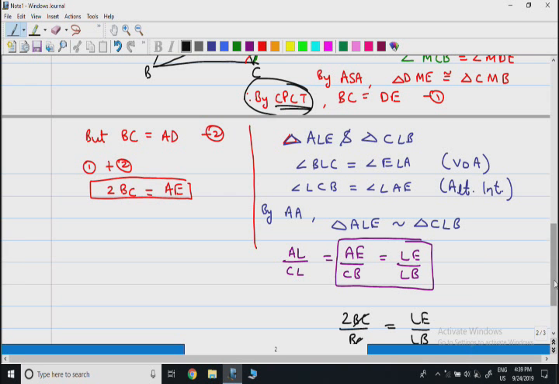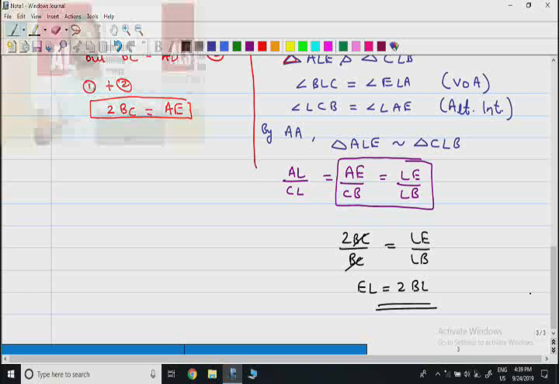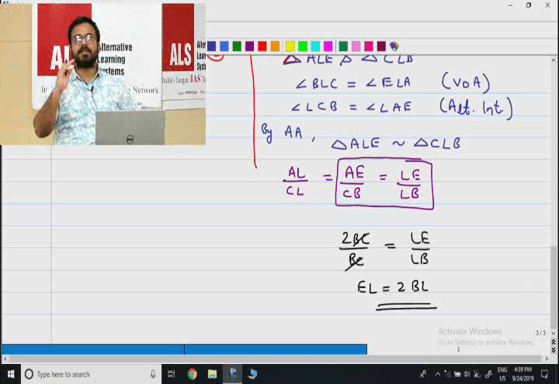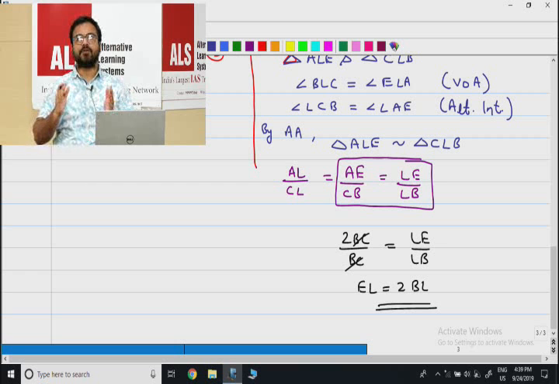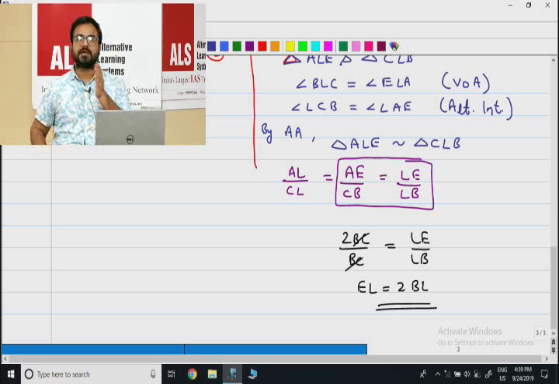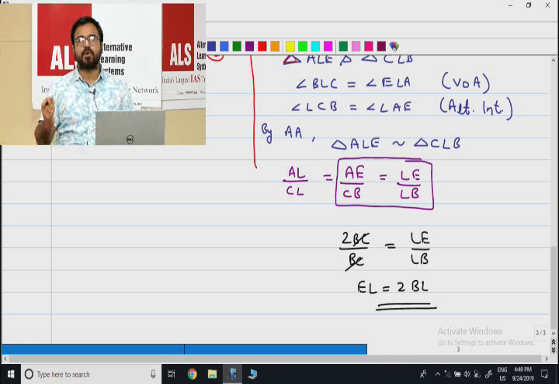Now, till now we know that if two triangles are similar, then the ratio of the corresponding sides is equal. There is one more property of similar triangles. We have three things: medians, angle bisectors, altitudes. If two triangles are similar, then the ratio of the sides is equal as well as the ratio of the corresponding medians, corresponding altitudes and corresponding angle bisectors. So the next question is based on that concept.